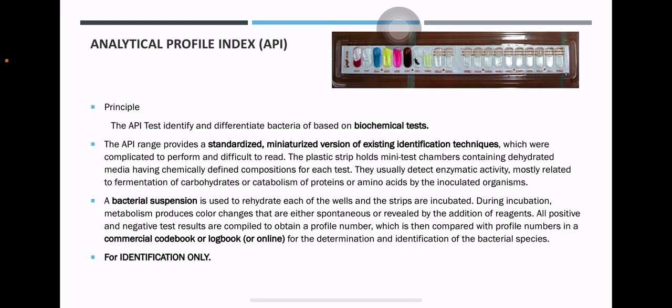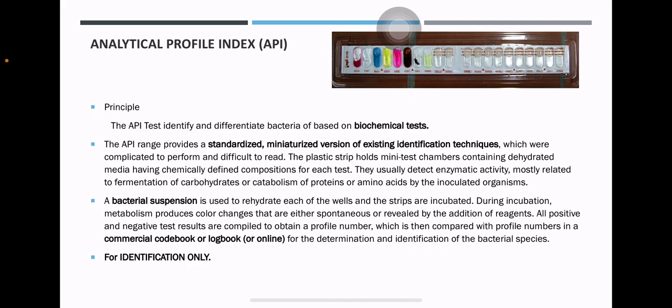API, or Analytical Profile Index, is a miniaturized biochemical identification system. As you can see in the picture, each strip contains dehydrated media for multiple biochemical tests. You inoculate each cupule with a bacterial suspension and incubate. After incubation, color changes indicate positive or negative reactions. You then generate a profile number that is matched to a database.